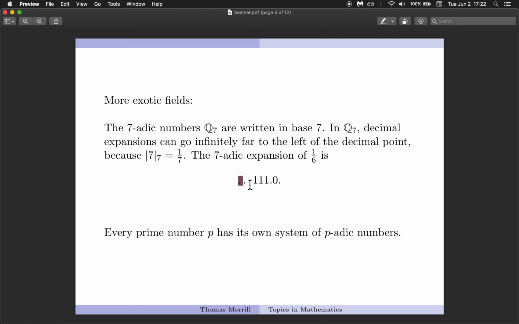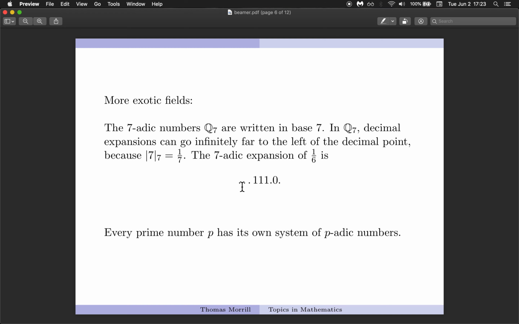So in this expression here, this is my decimal point. So I've got a 1 in the ones place, a 1 in the sevens place, a 1 in the 7 times 7 is 49's place, and a 1 in the 7 times 7 times 7 is 343's place, and so on.